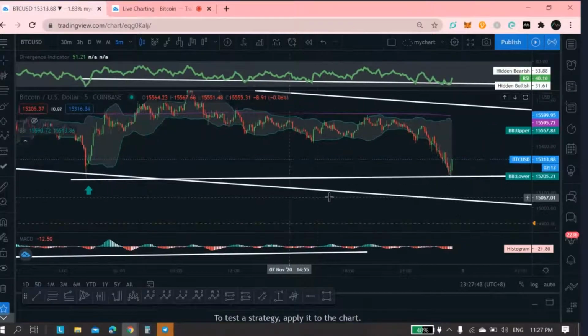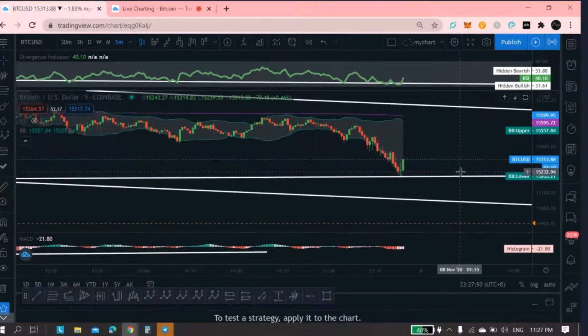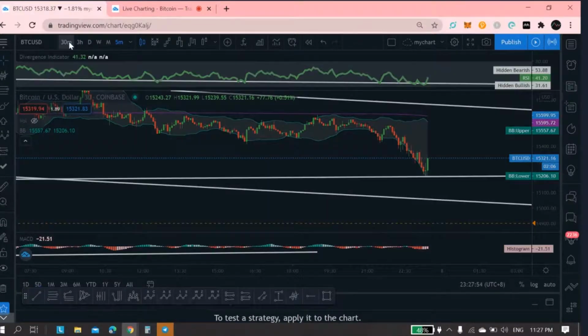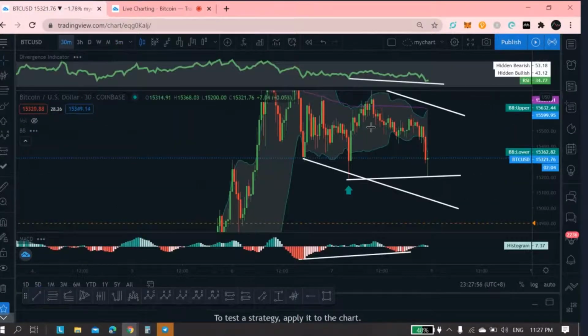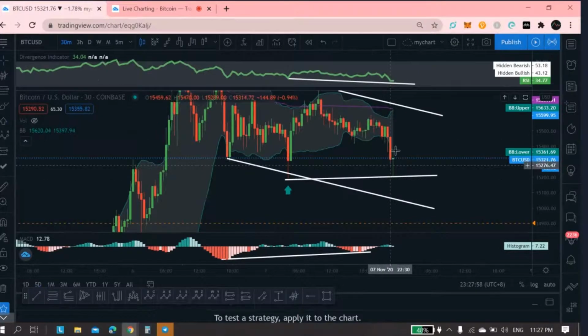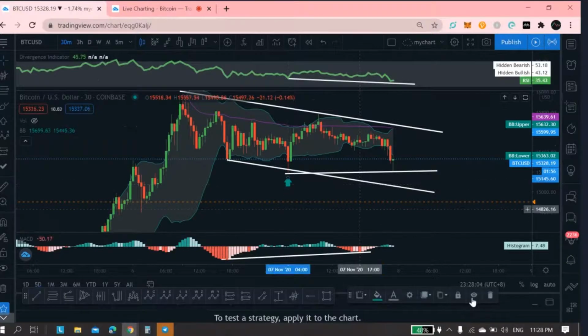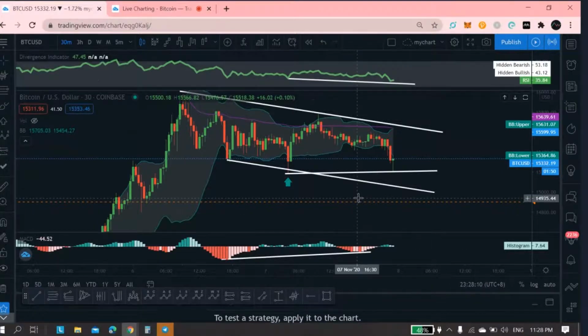And there. Oh, we go to, I think that's 30 minutes. Yeah, and look at it. It's a possible bullish candle. So copy and then paste.